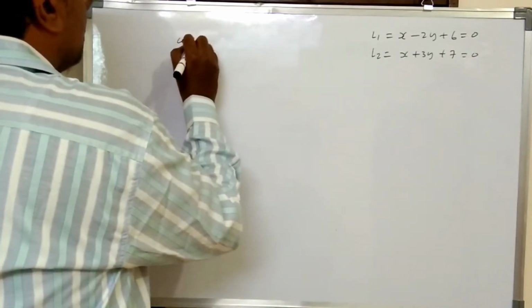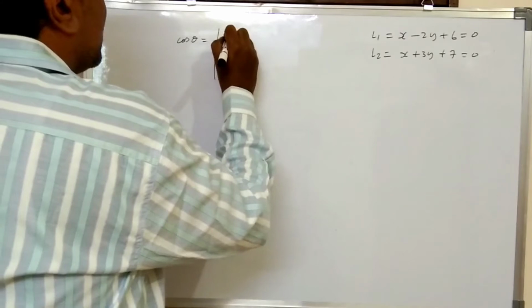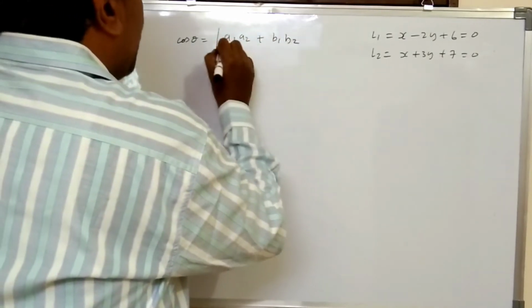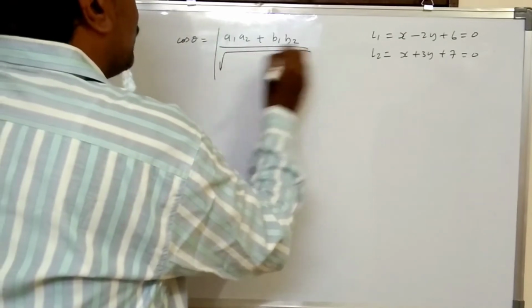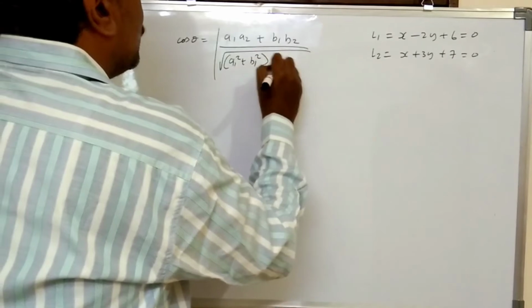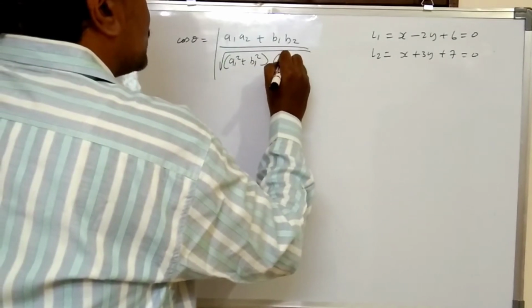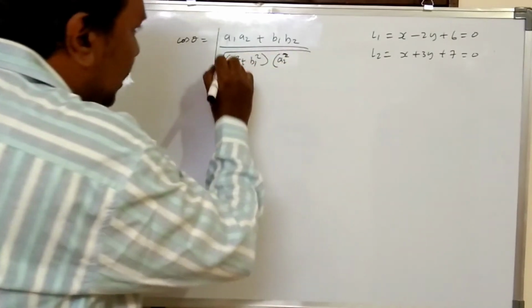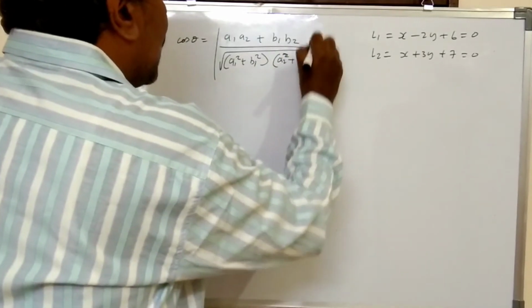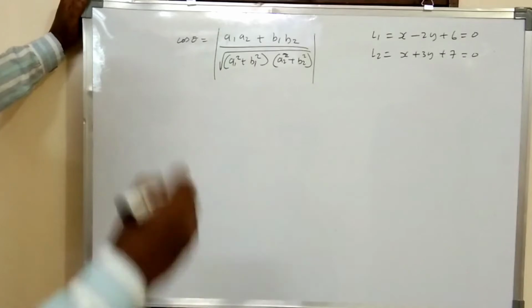What is the formula? Cos theta is equal to A1 A2 plus B1 B2 by square root of A1 square plus B1 square into square root of A2 square plus B2 square. Let us apply this formula and find the angle.